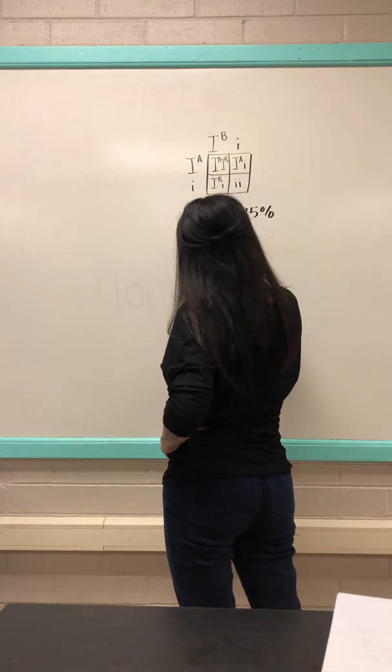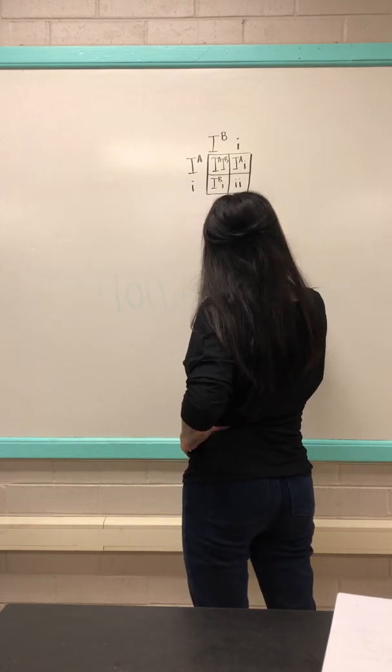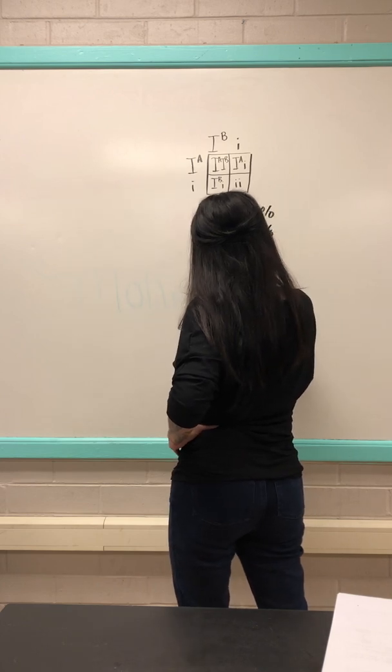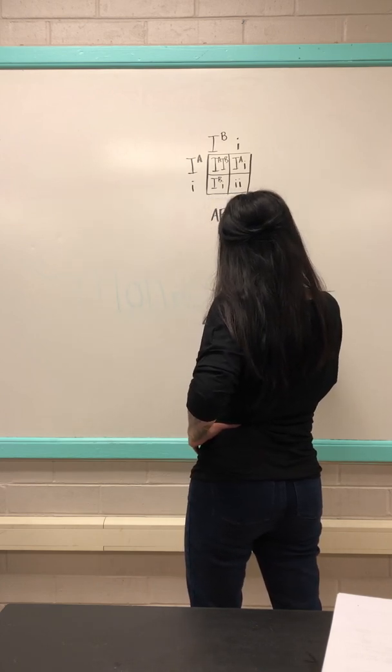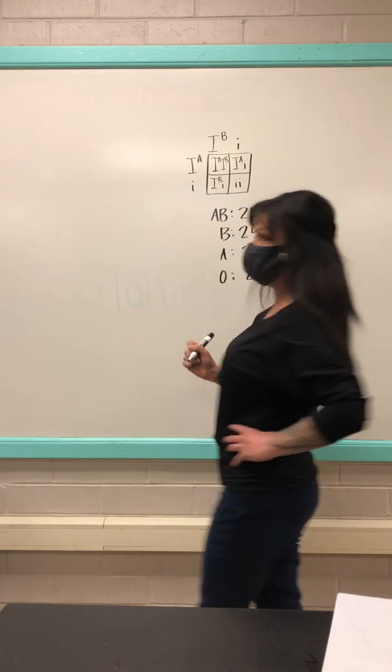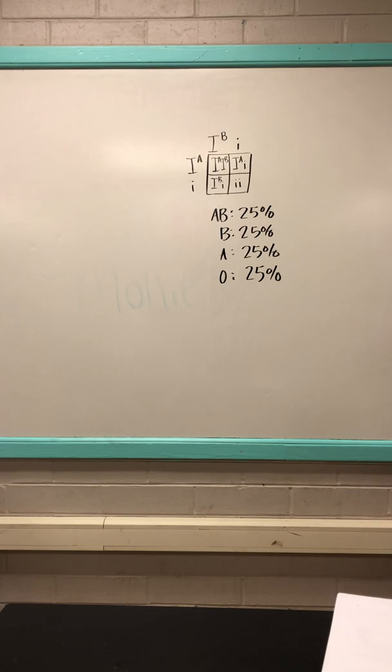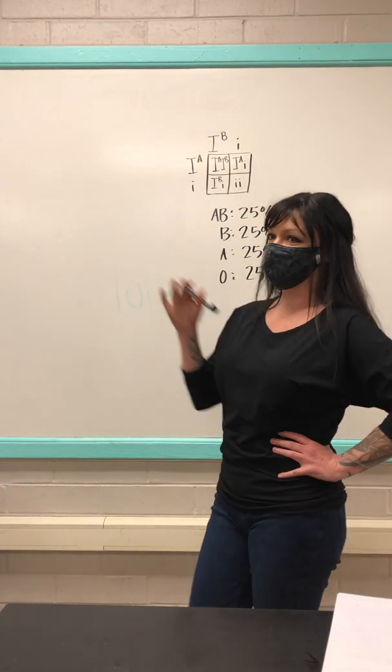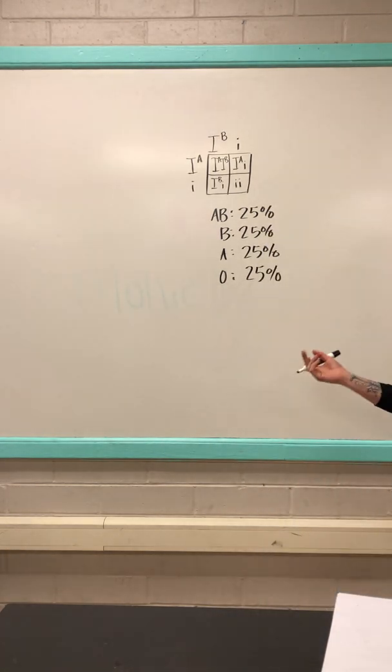Then what about B? 25. And A? 25. And then O? 25. 25% chance. So pretty much, if my parents had had other kids, every time they had a kid, their kid could have had a different blood type.